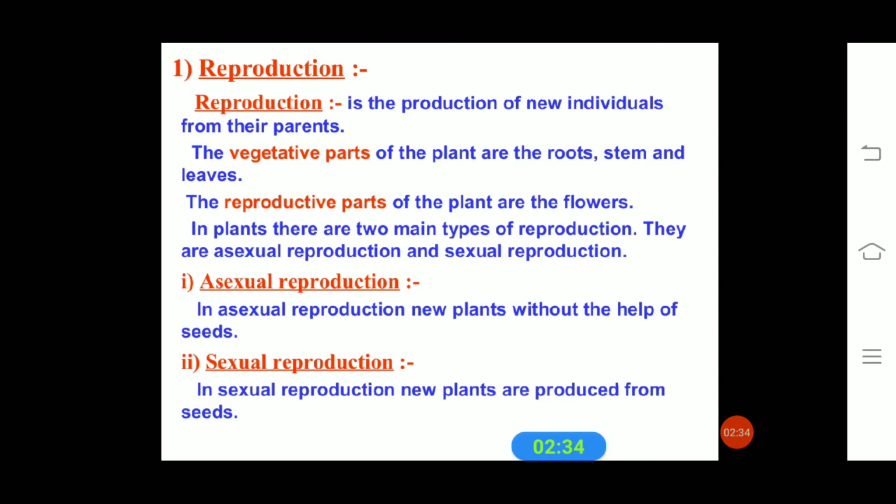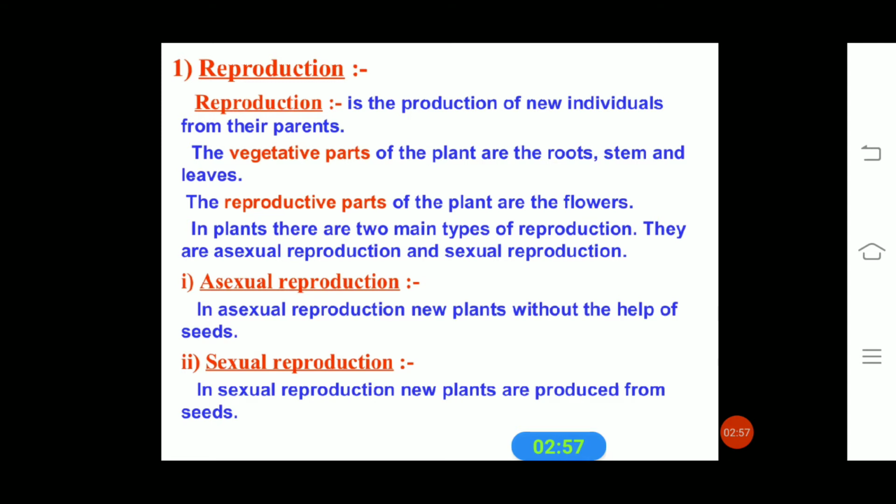Students, different organisms reproduce in different ways, but all these modes of reproduction can be put into two general categories. What are those? One is sexual reproduction and the other one is what? Asexual reproduction.